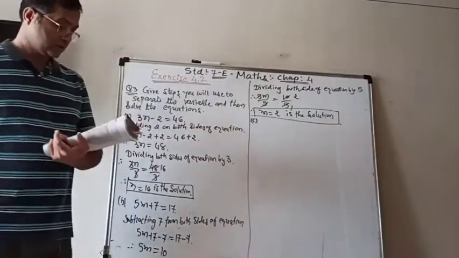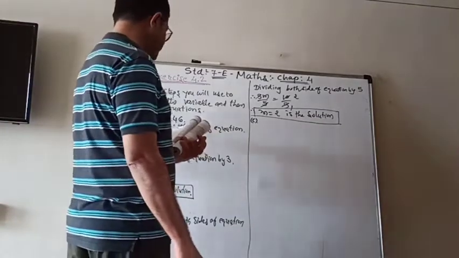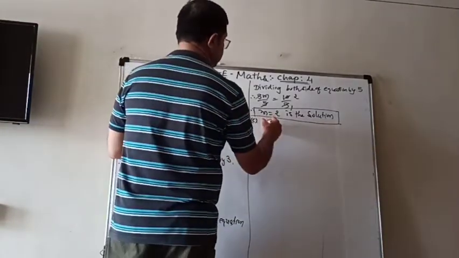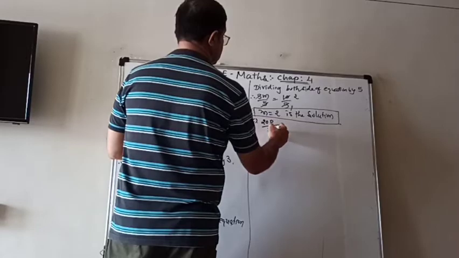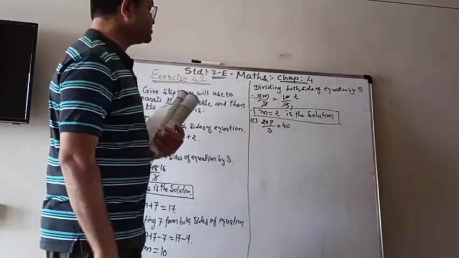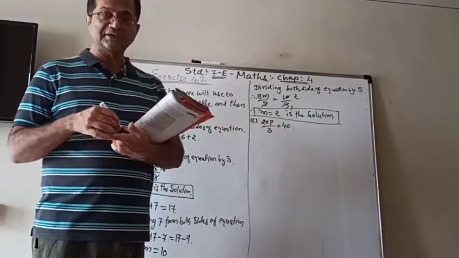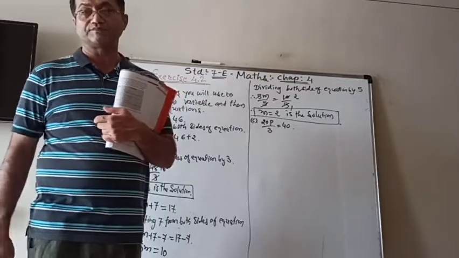Number 6. The third one is 20p upon 3 is equal to 40. Here you can see that there are numbers both in the numerator and in the denominator.